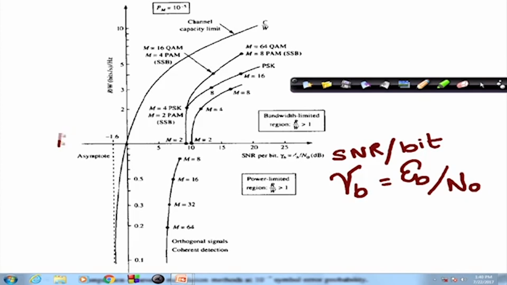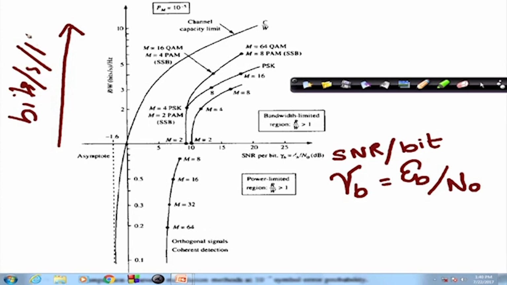And on the y axis we have bits per second per hertz. So, what we see over here is that as we keep increasing the E_b by N_0, the channel capacity or the spectral efficiency keeps on increasing following this line, and this is well established by the expressions that we had seen before.